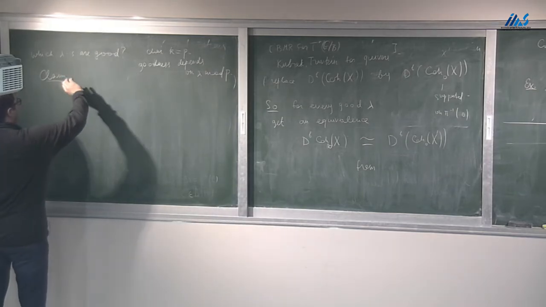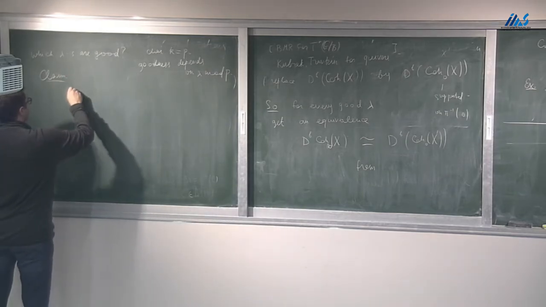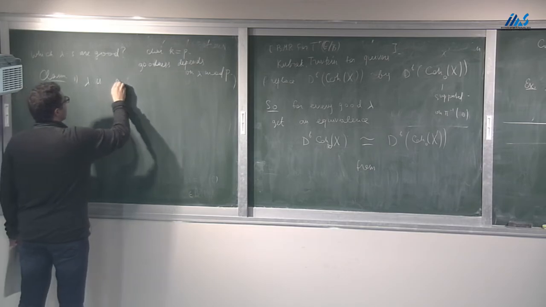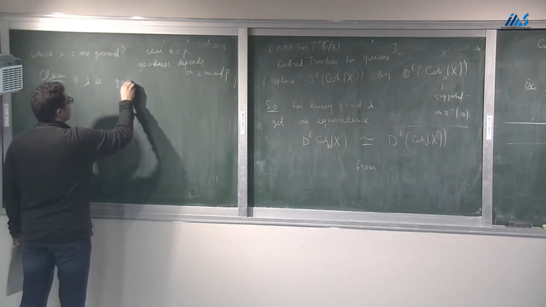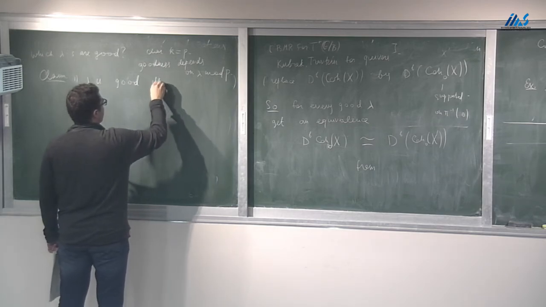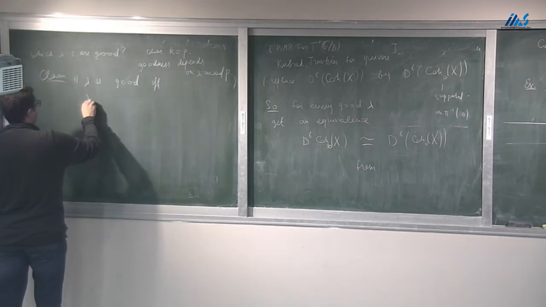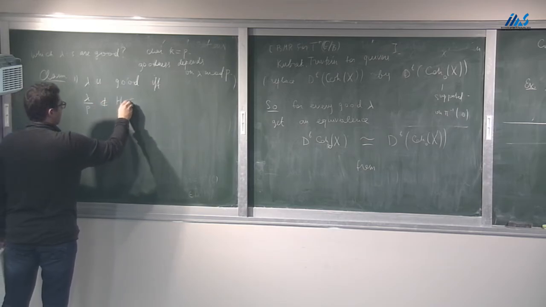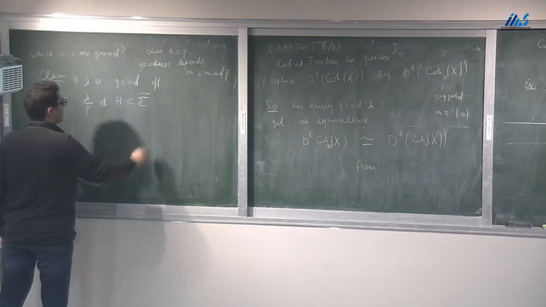And so lambda is good if and only if lambda over p doesn't lie on a hyperplane H in sigma tilde.